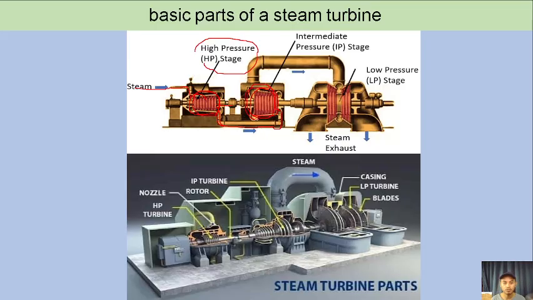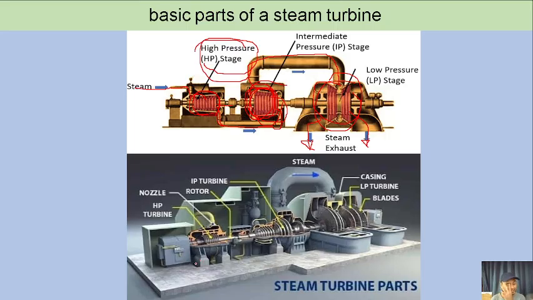It will rotate the turbines in the intermediate pressure stage, and the steam can still be used on the low pressure stage before it goes back to the condensate tank. So those are the primary parts of the steam turbine: the high pressure stage, the intermediate pressure stage, and the low pressure stage.